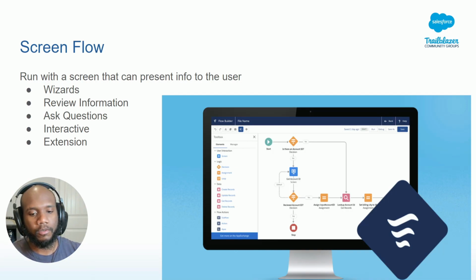So as you're starting to think of different limitations and things that can happen inside of your flow as a BA or as an admin, maybe you know, okay, I need to build some sort of custom table, and I know that can only be done in Lightning Web Components.